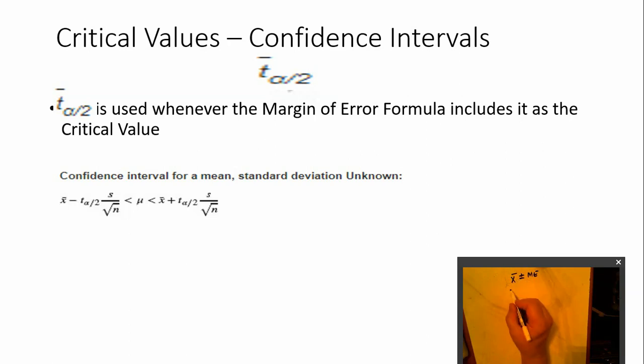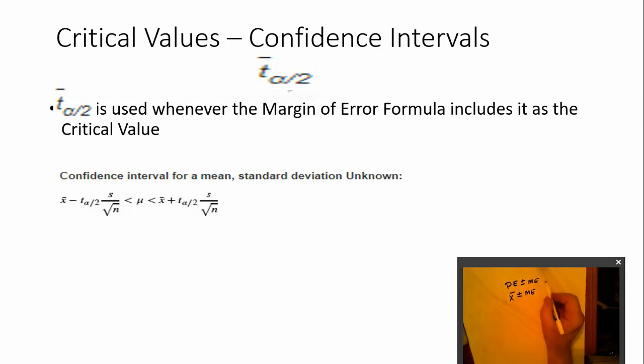So the most general form is point estimate plus or minus the margin of error, and this is based on an interval where the center of the interval is the point estimate. Then I'm going to do PE plus ME to get the upper end, and PE minus the margin of error to get the lower end.